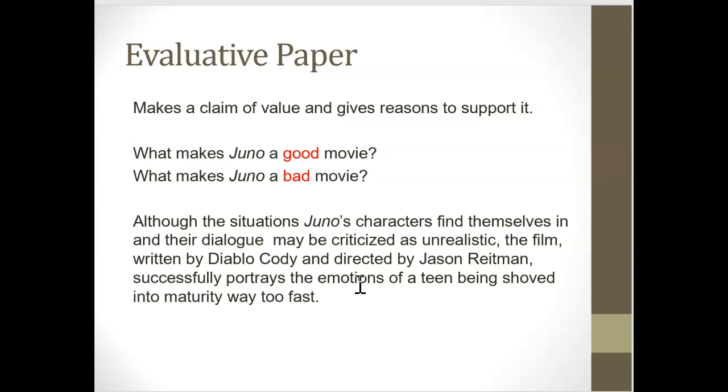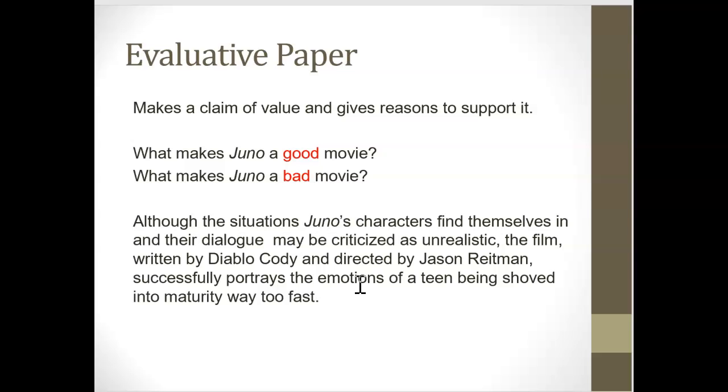And it may turn out to be that there are answers to both of those questions. And if you look at the thesis that accompanies that essay, although the situations Juno's characters find themselves in and their dialogue may be criticized as unrealistic, the film, written by Diablo Cody and directed by Jason Reitman, successfully portrays the emotions of a teen being shoved into maturity way too fast.